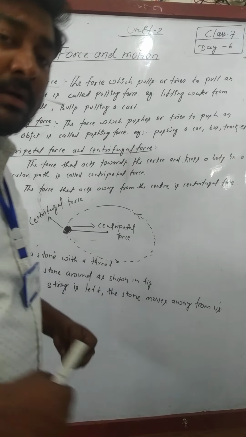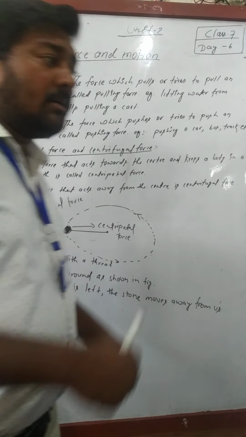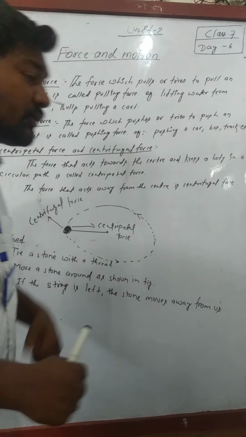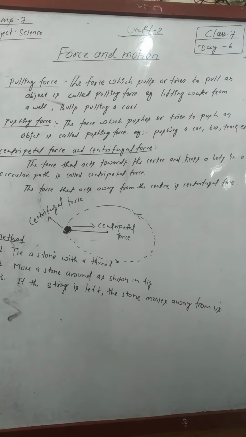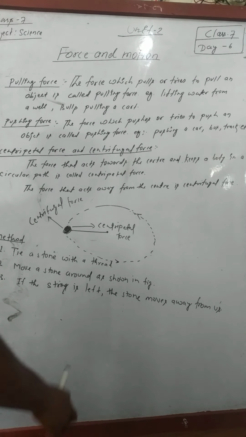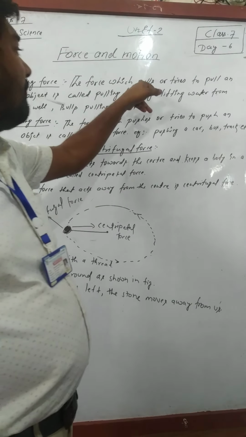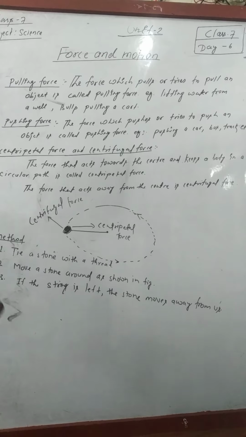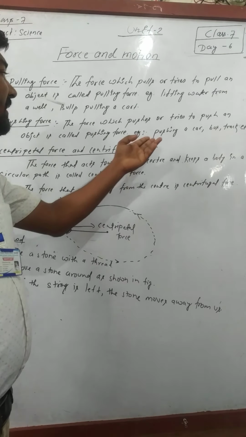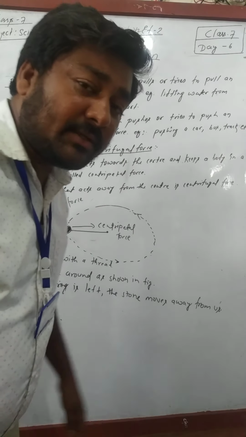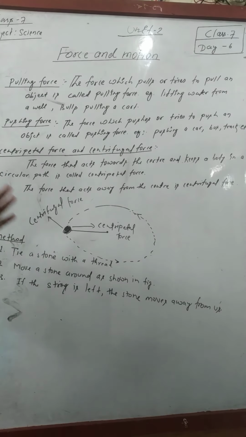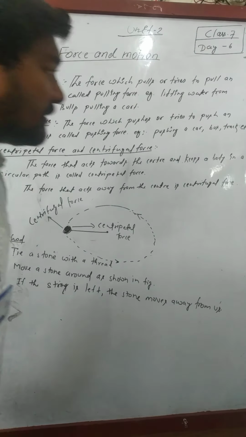People drive a rickshaw, and they also pull the rickshaw. These are the examples. Pushing force is just the opposite. Here, the force pushes or tries to push an object. An example is pushing a car if the car is not starting. People push the car, and so on.